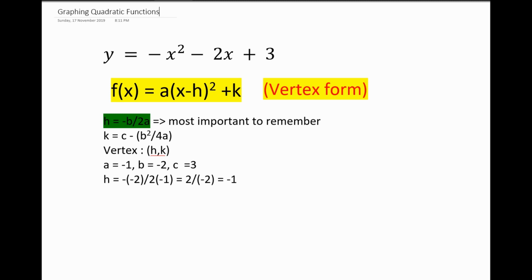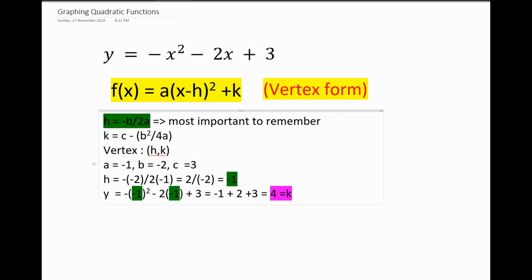As mentioned earlier, you just need to memorize the formula for variable h, because by substituting h to your x variable, you can now solve for k. So let's substitute negative 1 to x.